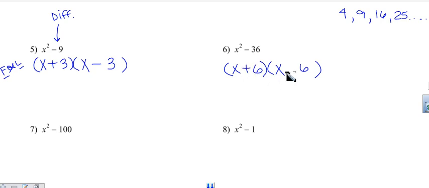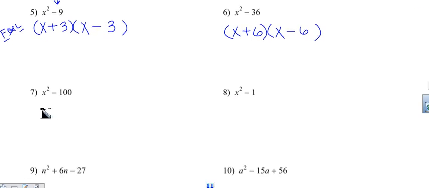One parentheses gets a plus sign, the other gets a minus. In number 7, what am I squaring to get x squared? X times x. What number did I square to get 100? 10 times 10. One parentheses gets a plus, the other gets a minus.